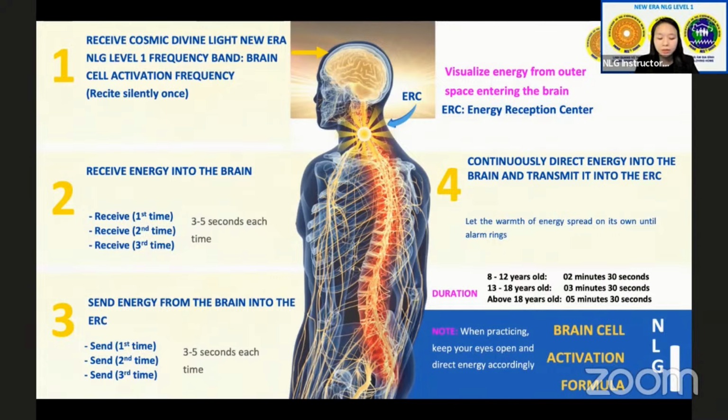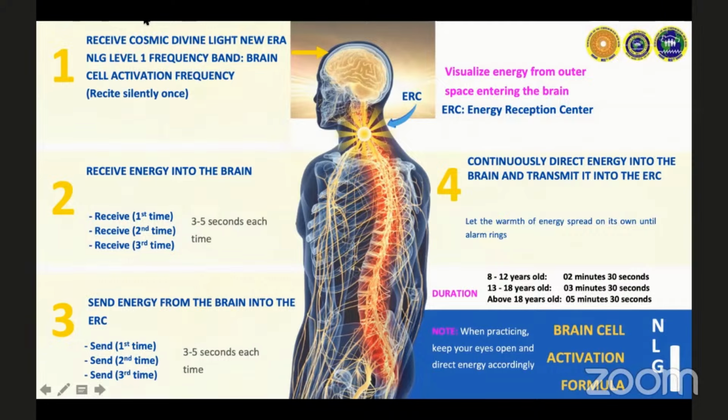So now I would like to practice this formula with everyone, so that you understand the pace, how to actually recite it in your head. Everything that I will read out to you now, I will leave the formula on the screen. I'll turn my video off so it doesn't block any part of the formula. Everything that I read out to you is what you will recite in your head.